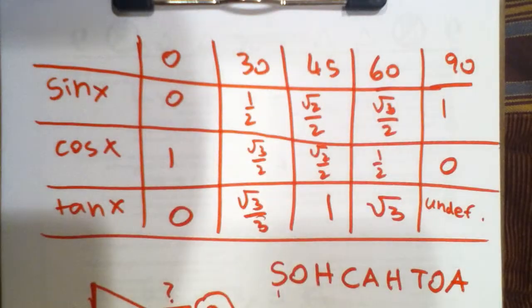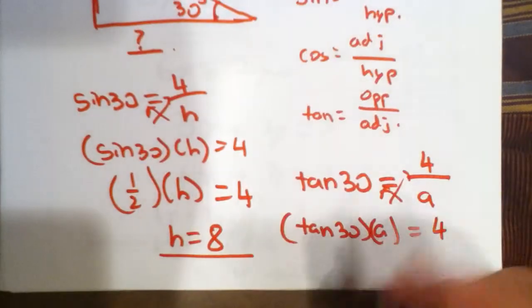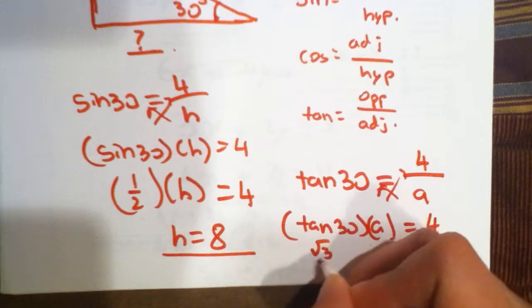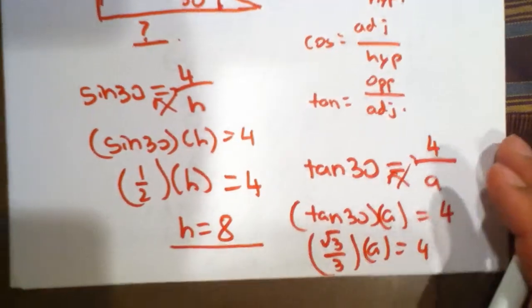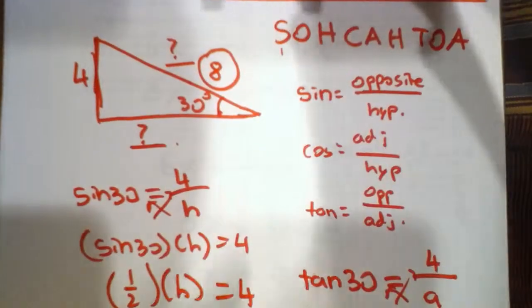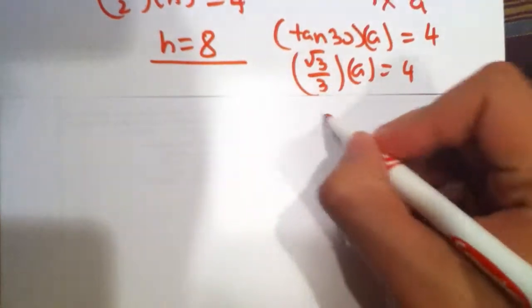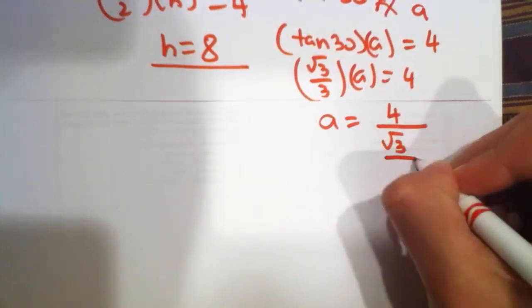Tangent 30 from this table is square root of 3 over 3, times A is equal to 4. So A is equal to 4 over square root of 3 over 3.